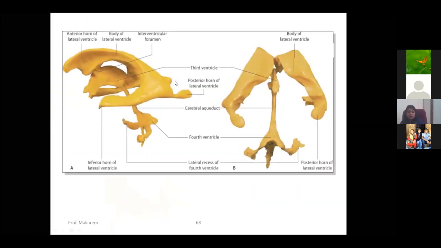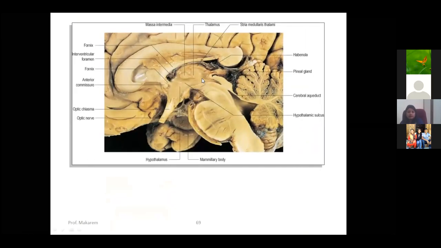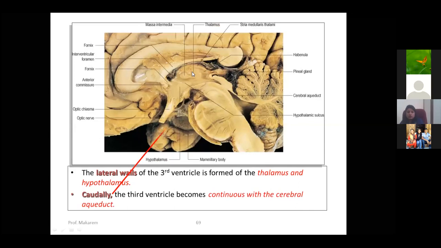Coming to topographical anatomy, the third ventricle is a midline slit-like cavity. The lateral walls of the third ventricle are formed by the thalamus and hypothalamus on either side, and caudally the third ventricle becomes continuous with the cerebral aqueduct.